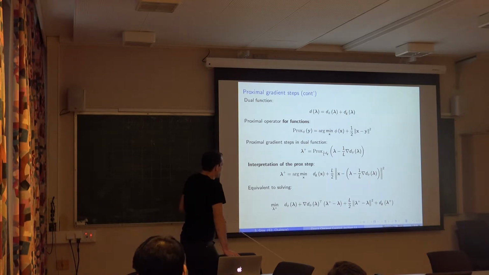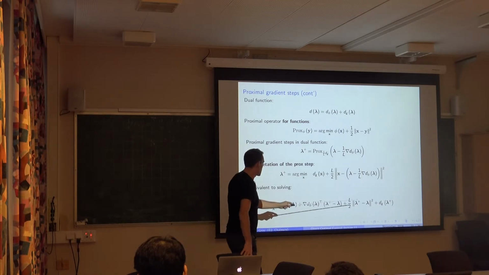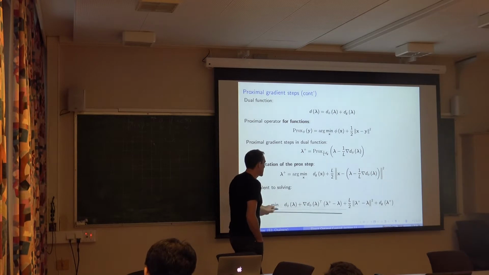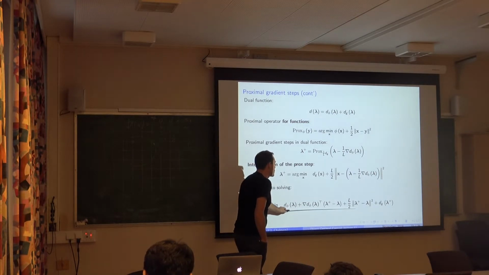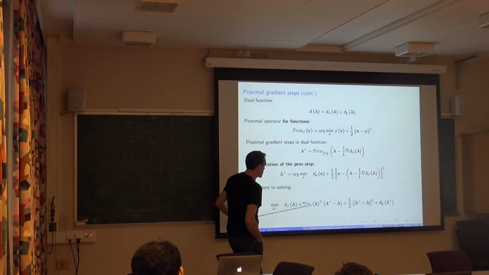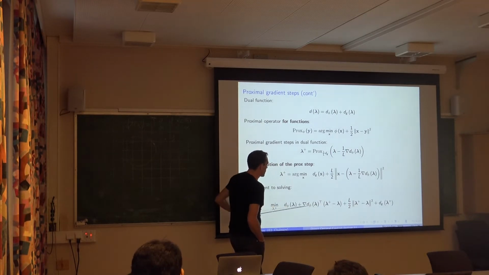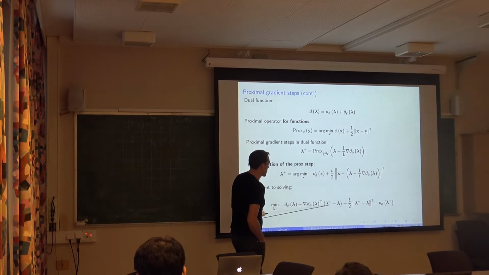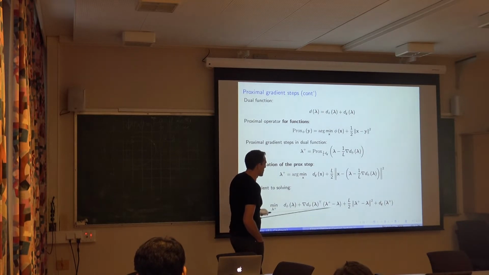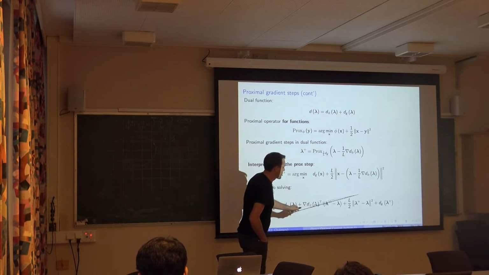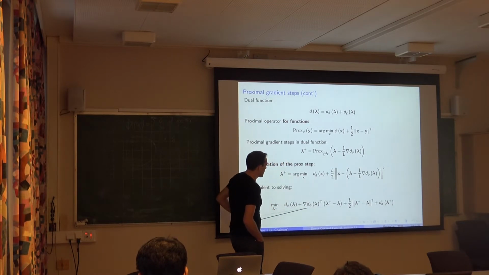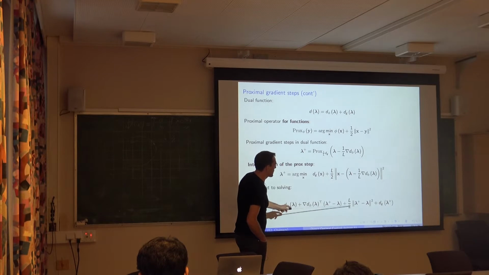There is one interpretation of what's happening here, which is essentially saying that what we do here is we basically take some kind of quadratic model of the dual function of phi. So you have a linear term that approximates the function by its tangent predictor in some sense, and a second order term that does not use the gradient of the dual function but replaces it via this quadratic term.